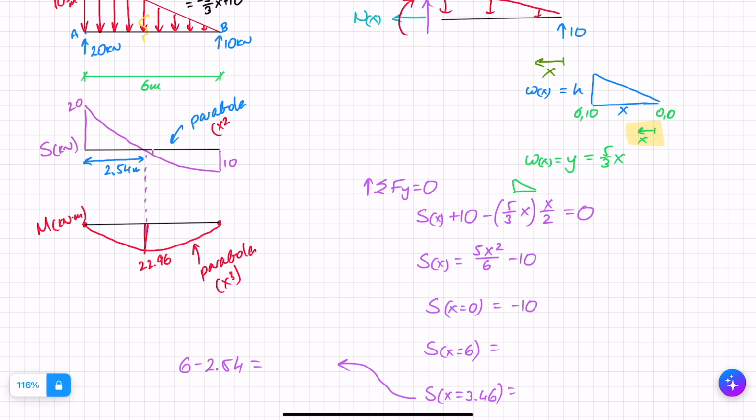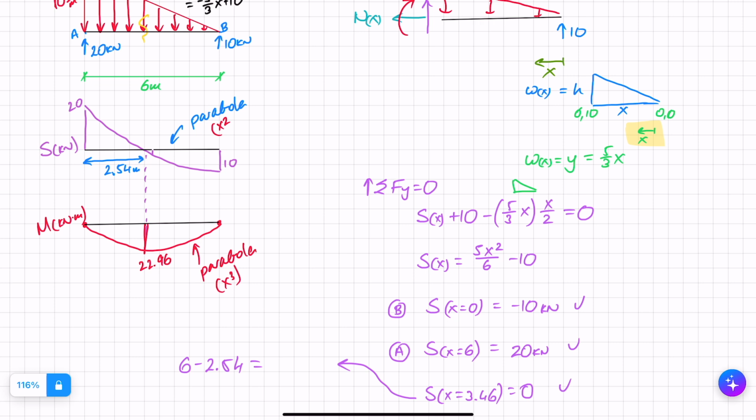That's perfect. That's exactly what I'm expecting. When I'm at 6, which means this is obviously point B, this is point A, I get 20 kilonewtons. And when x equals 3.46, I get 0. So all in all, working from the other side seems much simpler this time round.